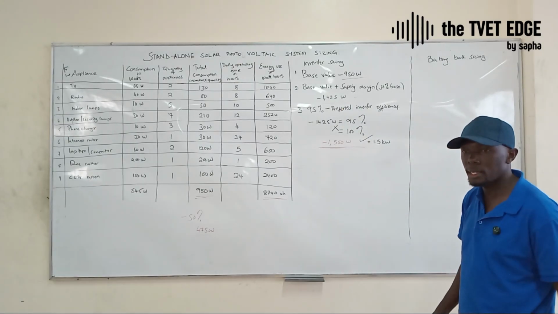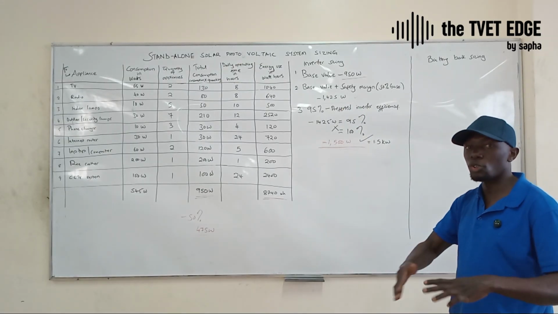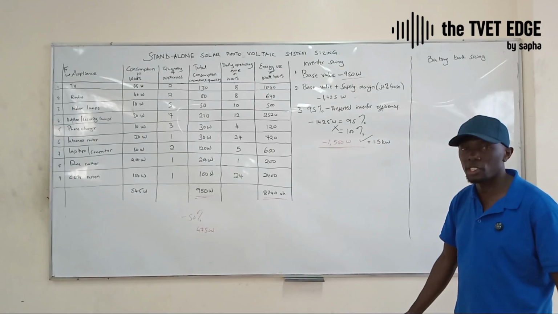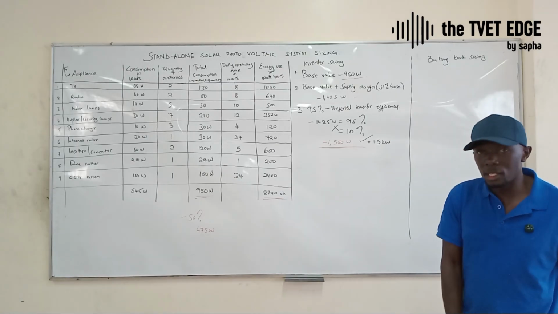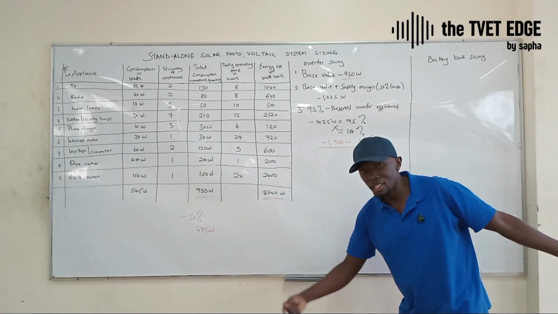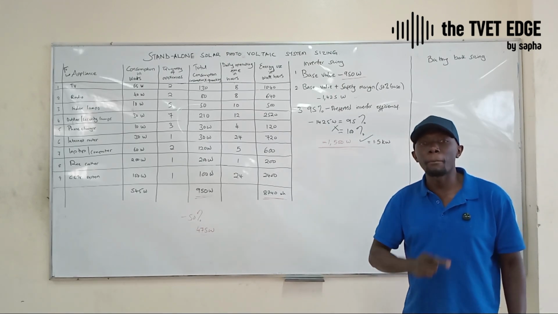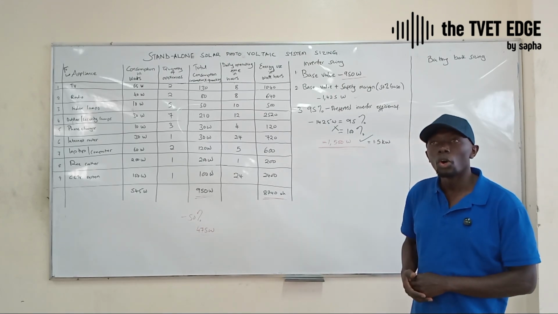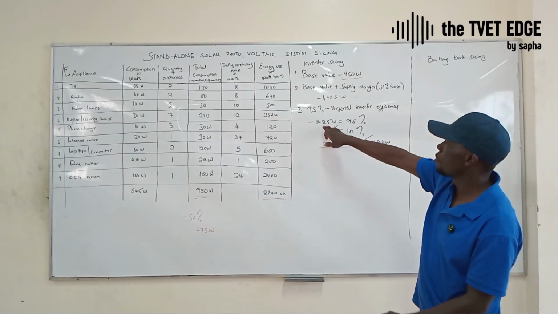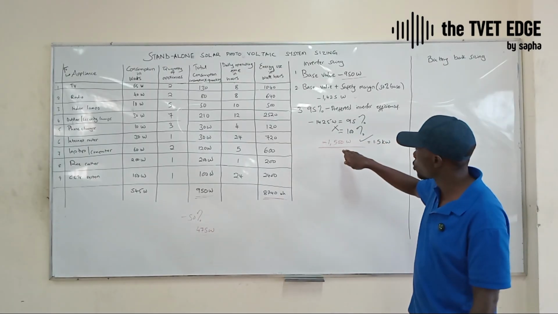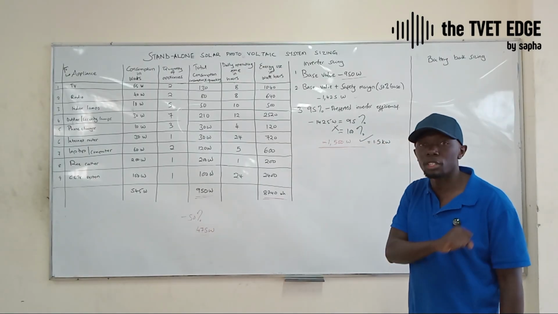And then you go ahead and say, because this inverter is not operating at 100% efficiency, the amount of power that it will pick from the batteries and convert and deliver in AC will be lost. At some point, a percentage will be lost. So for my inverter to deliver 1425 watts, it needs to be able to pick 1500 watts.